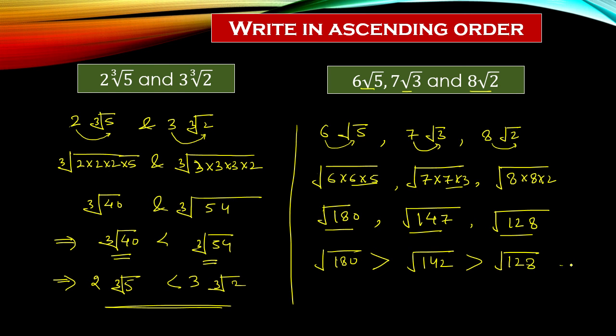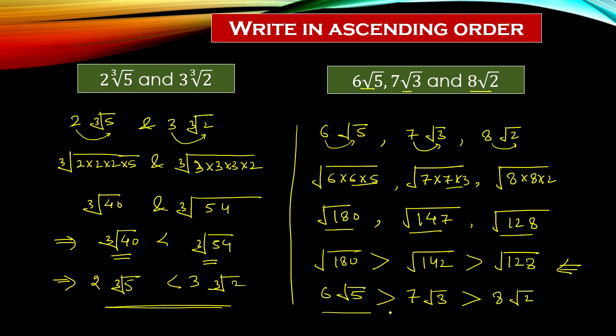If we compare the numbers in this step, these numbers are created from the above numbers. So definitely we can say 6 times root 5 is greater than 7 times root 3, and that is also greater than 8 times root 2.